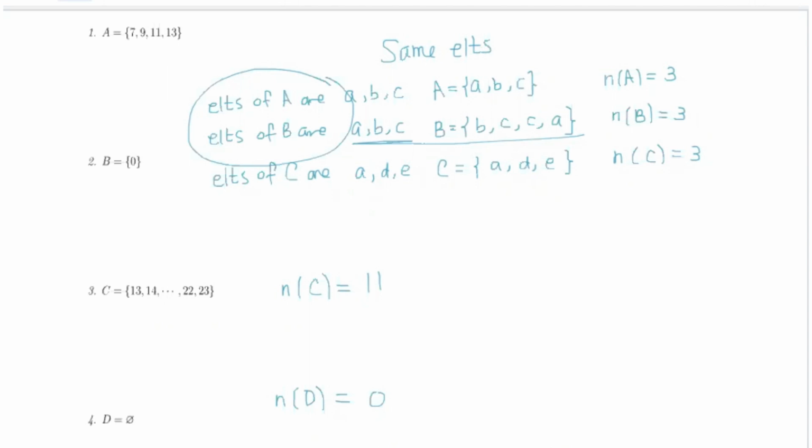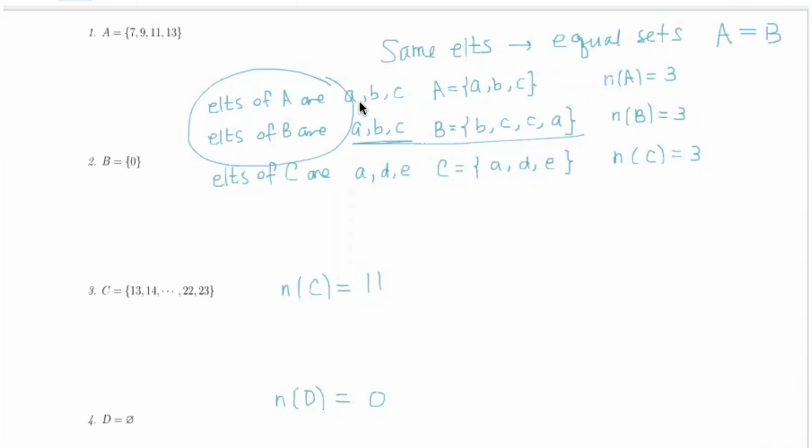If two sets have the same elements, I want to say they are equal sets. So I write it: A equals B, that's the notation for equal. Are we okay with this notation? Equal sets.